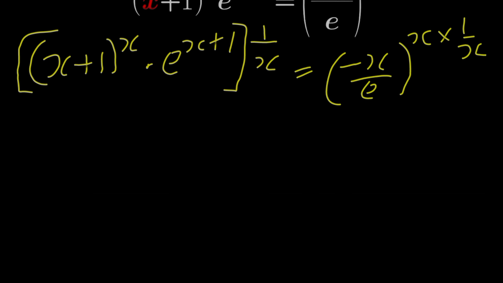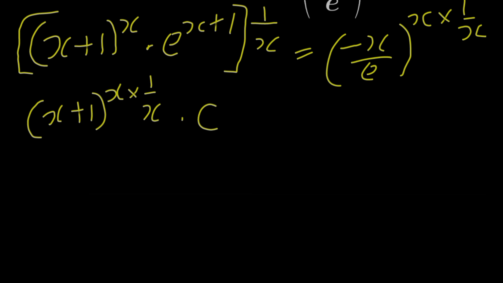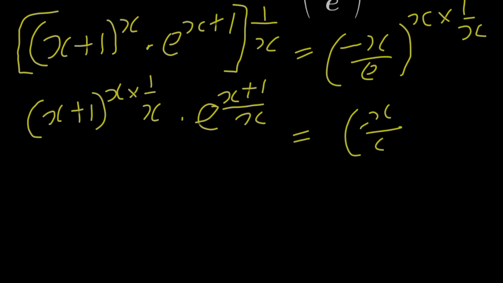The power multiplies the brackets, and we are going to have (x plus 1) to the power of x times 1 over x, then times e to the power of (x plus 1) over x, equals (minus x over e) to the power of x times 1 over x.